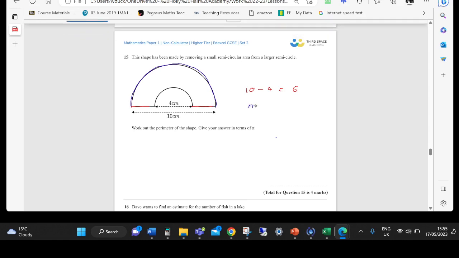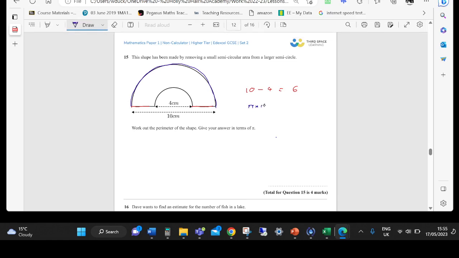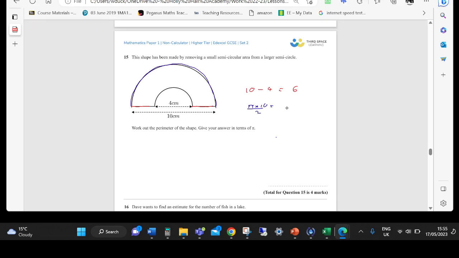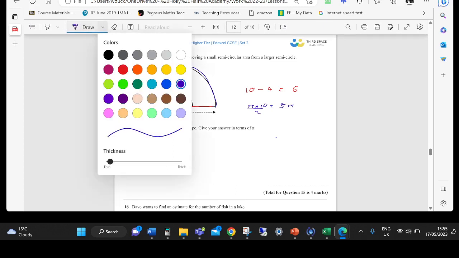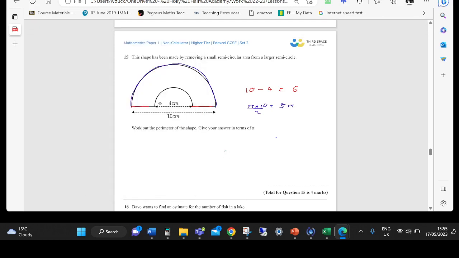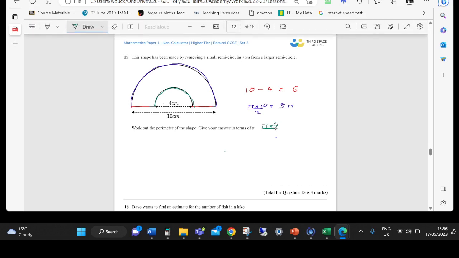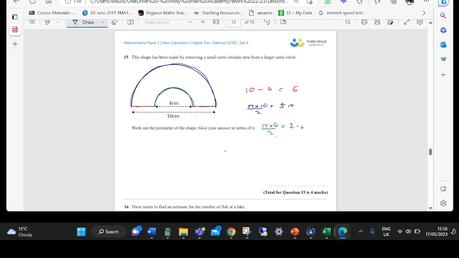So pi times 10 divided by 2, or 5 pi. And then we'll color code the final one green. So that line there is going to be pi times 4 divided by 2. So that's going to be 2 pi.